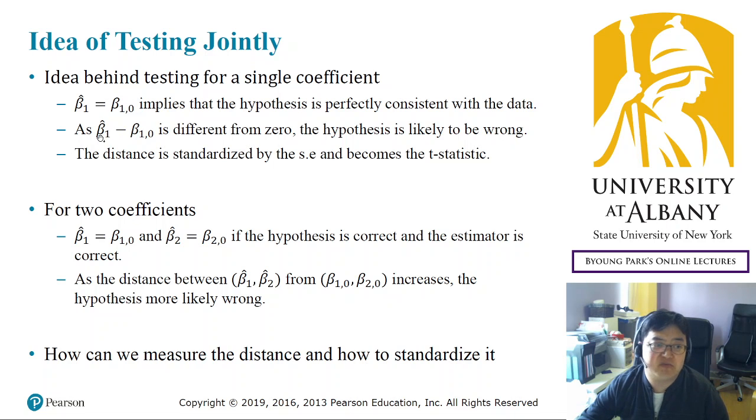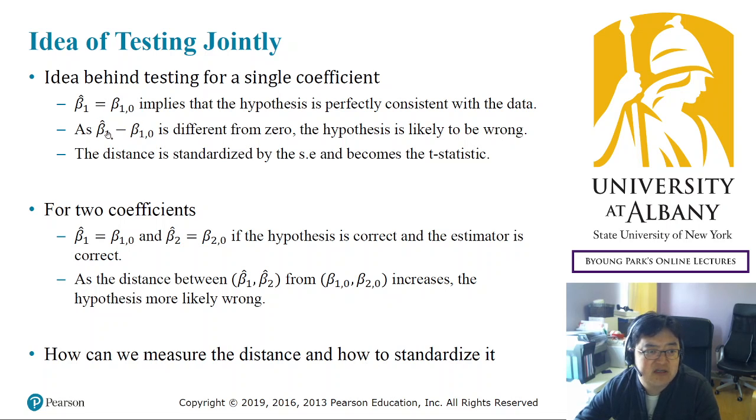The idea is simple. When those two are different from each other, or we measure their difference and it is different from 0, then the hypothesis is likely to be wrong. I will describe this difference as the distance between your hypothesis and your estimate.